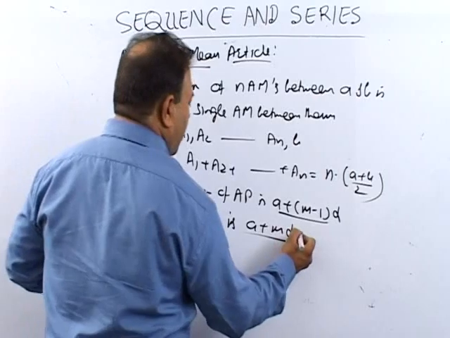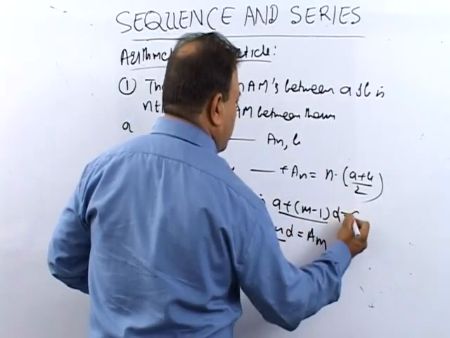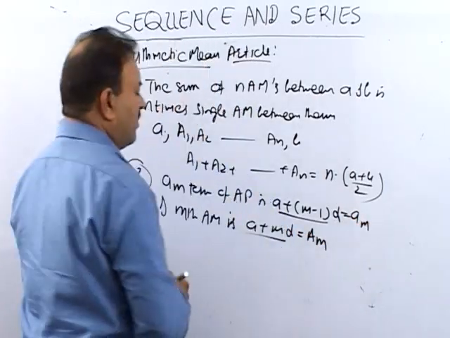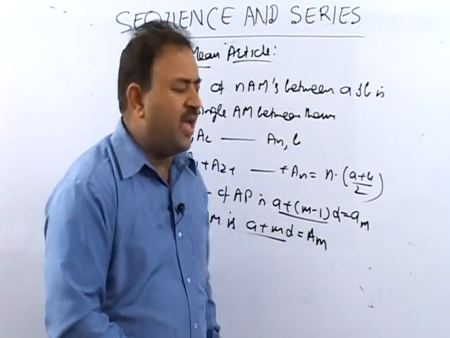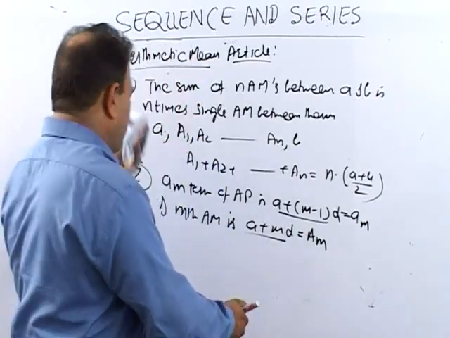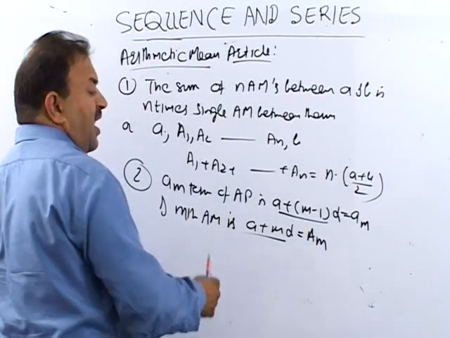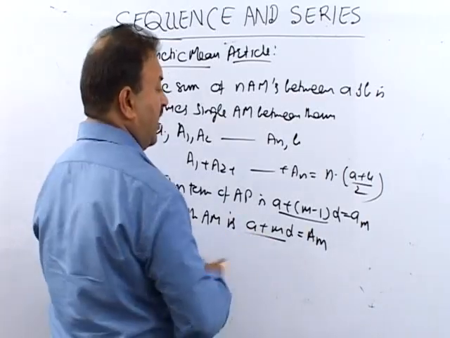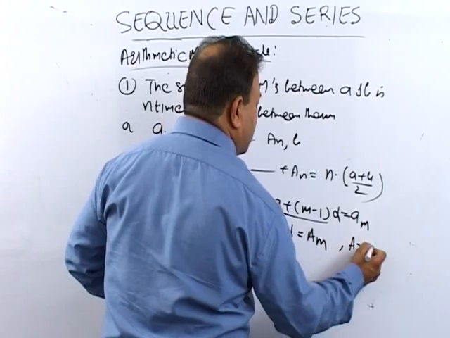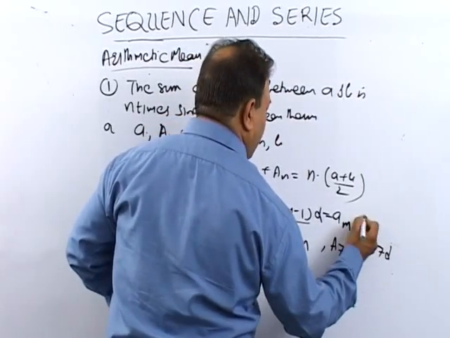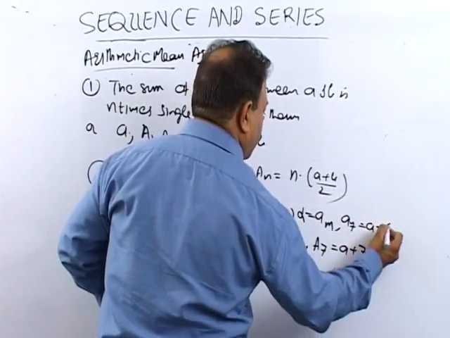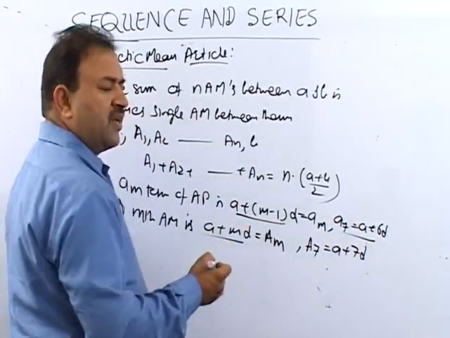One is denoted by capital AM and this is denoted by small am. When we are asked to find the 7th term, we write a plus 6d. When asked to find the 7th arithmetic mean, we write a7 is equal to a plus 7d. Here the 7th term a7 is equal to a plus 6d. So this is the difference.